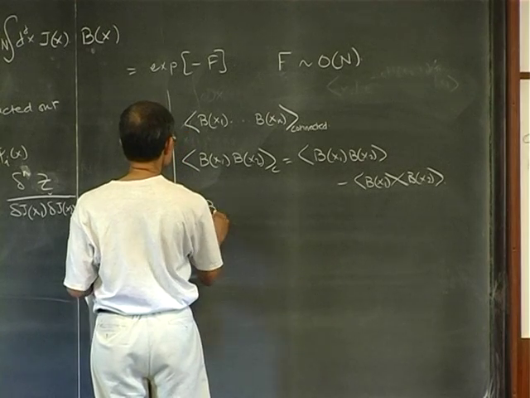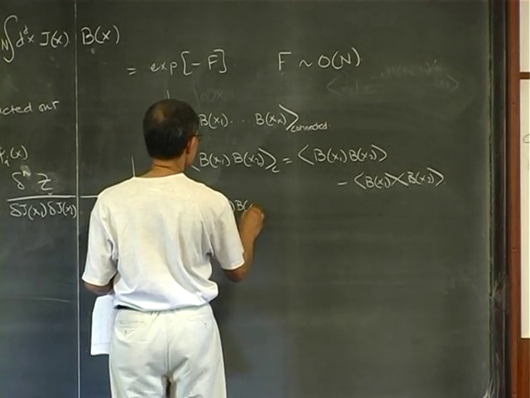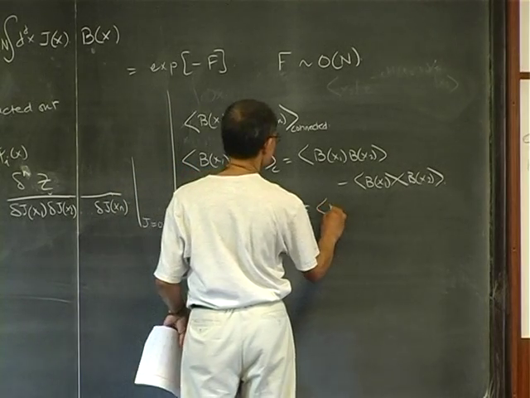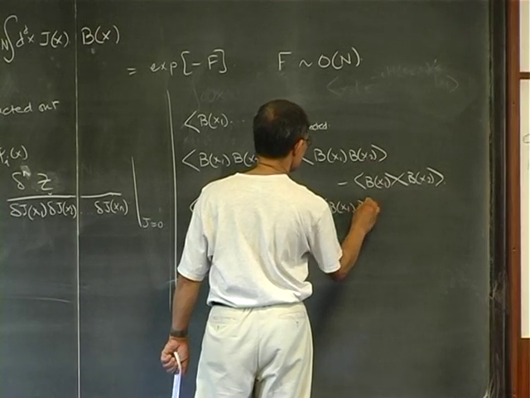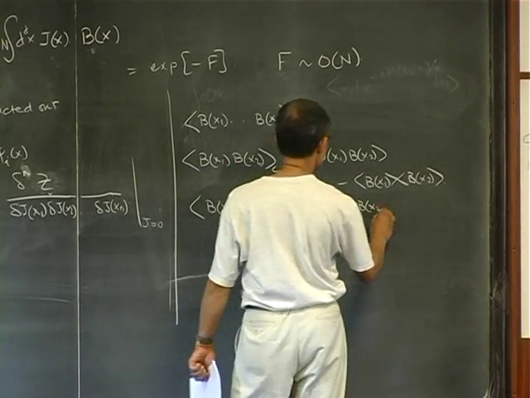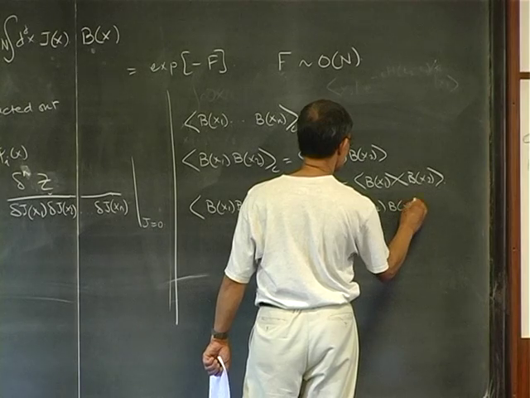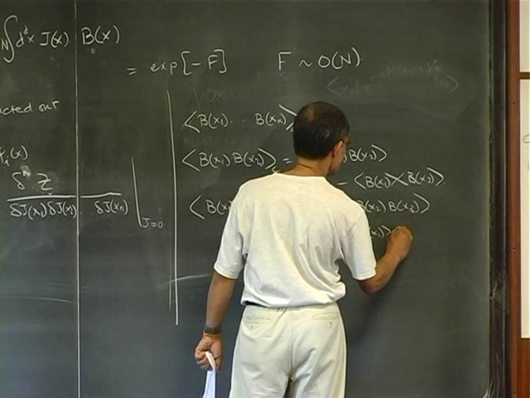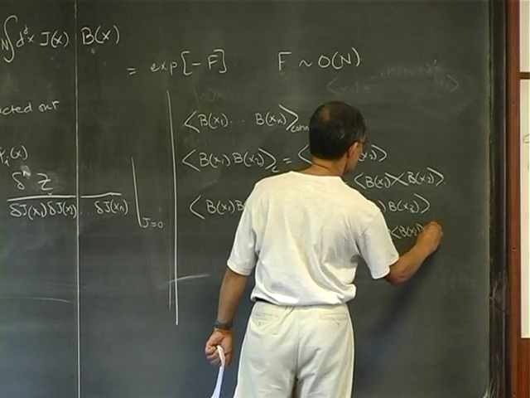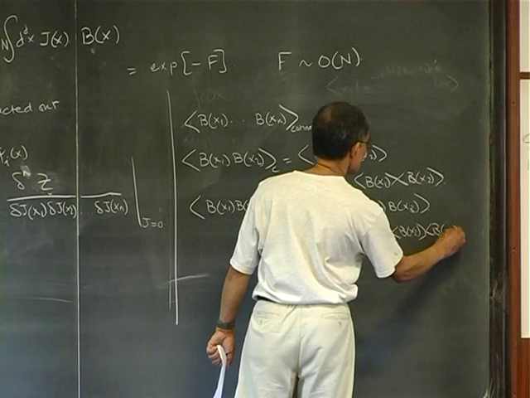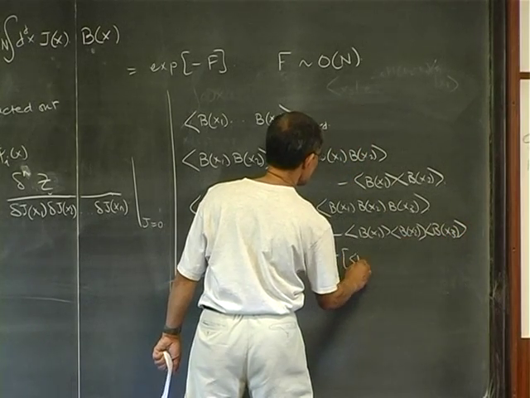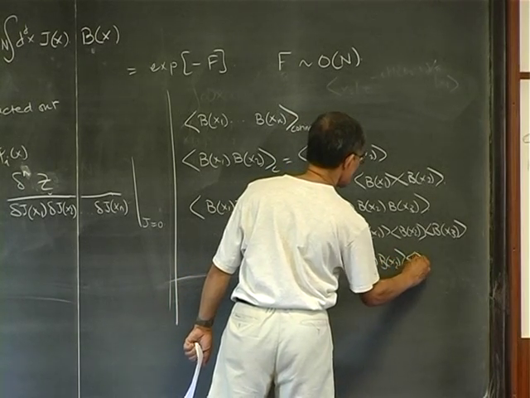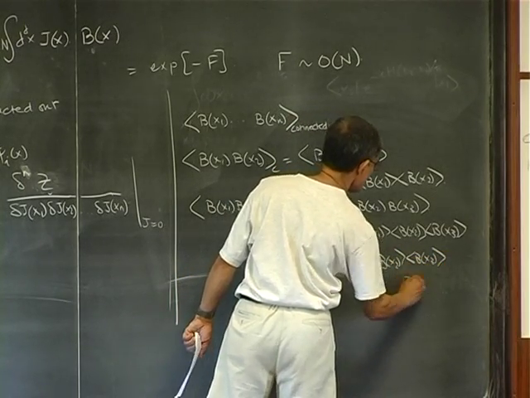If I take phi of x1, phi of x2, phi of x3, this is going to be the connected one, the regular one, plus minus, plus permutations.